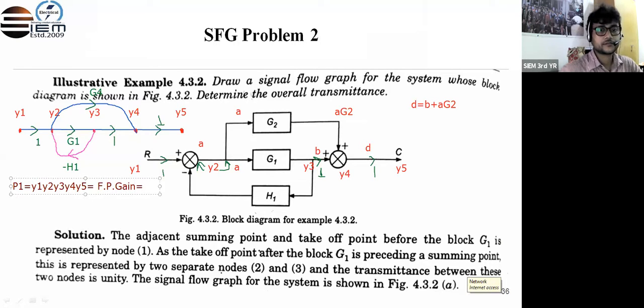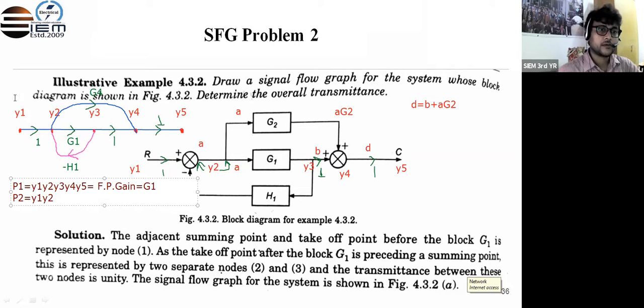The forward path gain is 1 into g1 into 1 into 1, so it is g1 only. Okay, and the next forward path p2 will be equals to y1, y2.